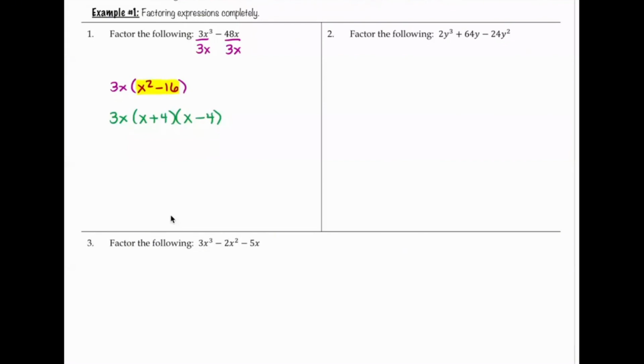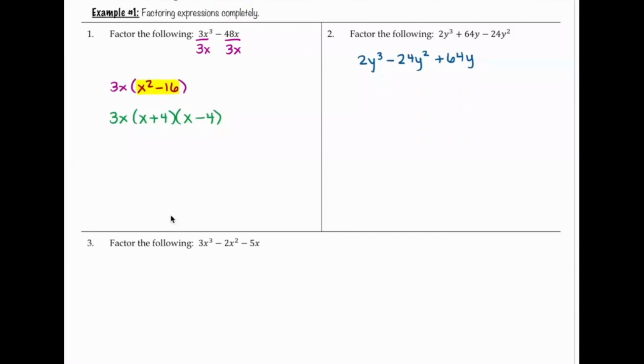For number two, we are going to factor the following. So here, the first thing I notice is that the order is out of place. So we're going to write this in standard form first. Standard form, recall, means that you are starting with the highest exponent and decreasing the exponents as you go from left to right.